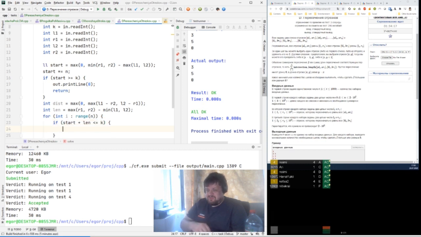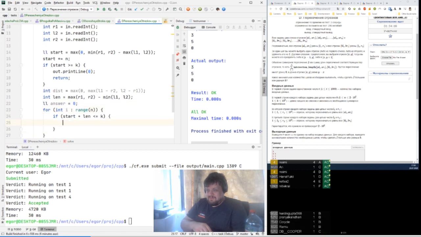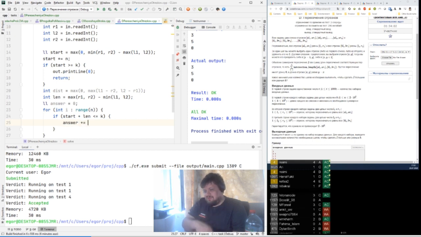So yes, first we check if we can fit one more segment alignment before we need to do anything else.